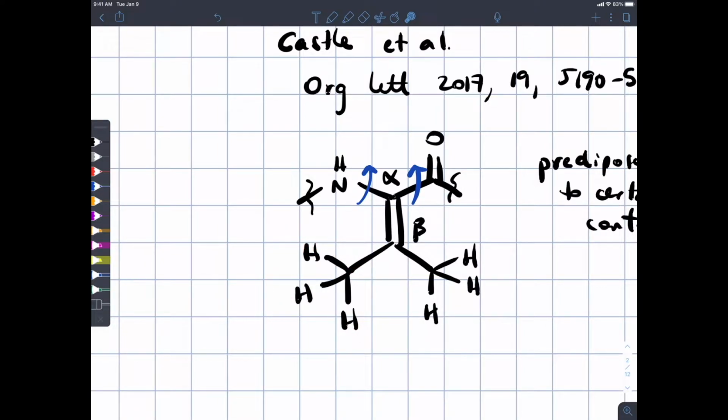And this is an example of allylic strain, A13 strain, because the group on carbon 1 is bumping into the substituent on carbon 3. Sorry about that.